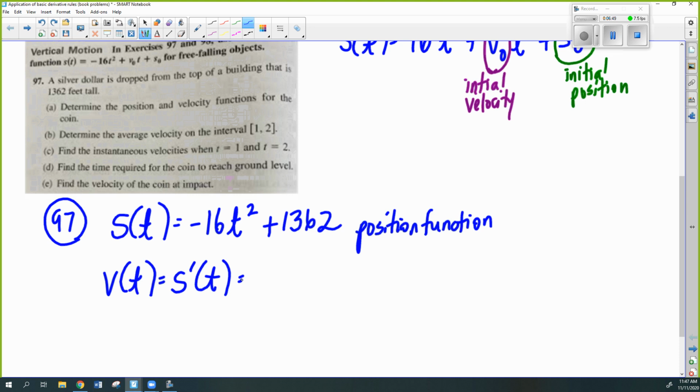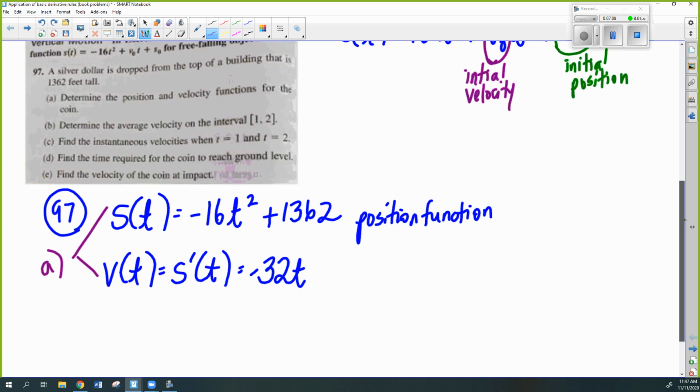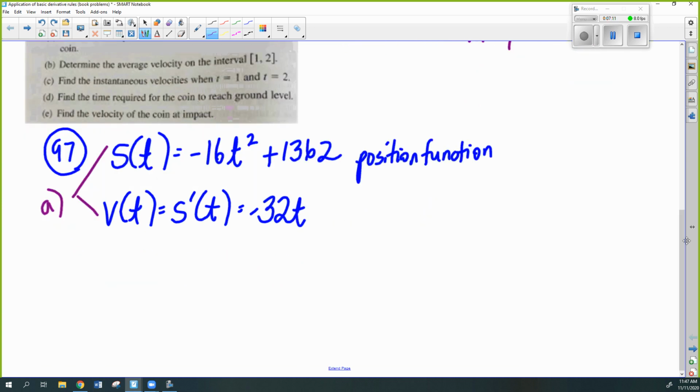That's a power rule, right? What's the derivative? Negative 32t. Okay? So all of that is part A. Okay? Part B says determine the average velocity.